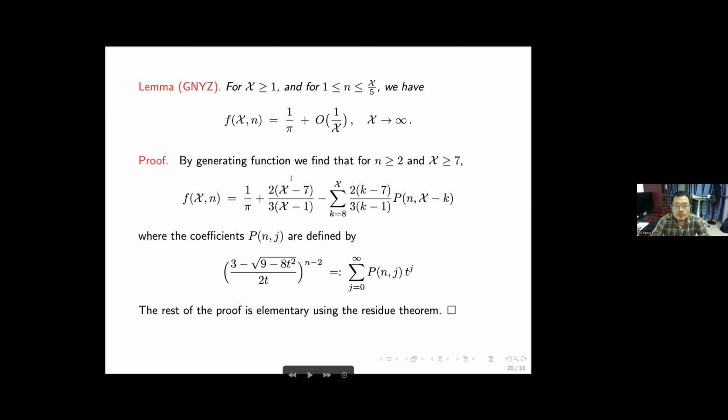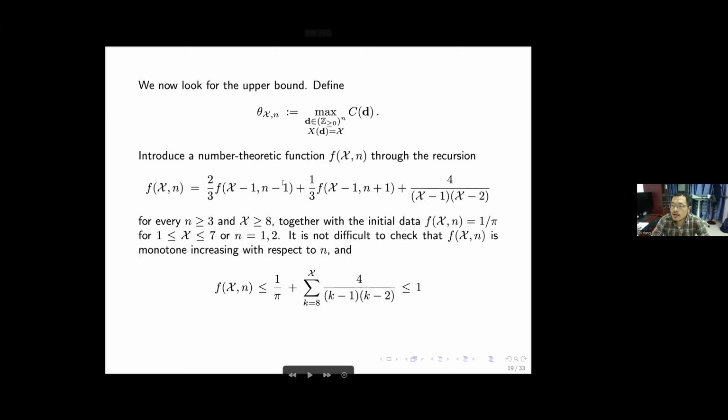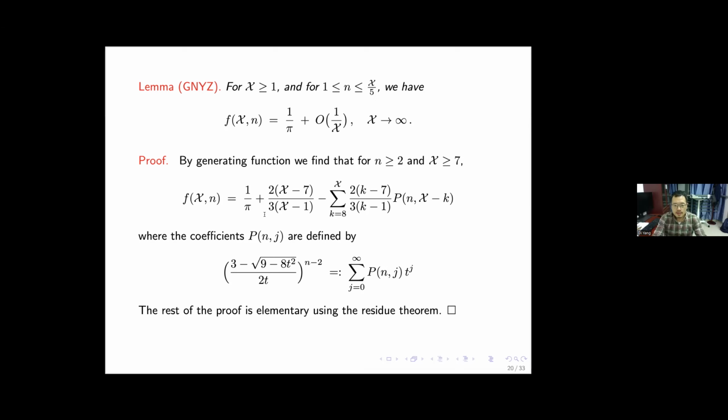To prove this, because this function is defined in an elementary way, we can actually get a closed formula for it. The closed formula is 1 over pi plus this rational function plus a sum from 8 to chi. Here the coefficients p are given as the Taylor coefficients of this elementary function.